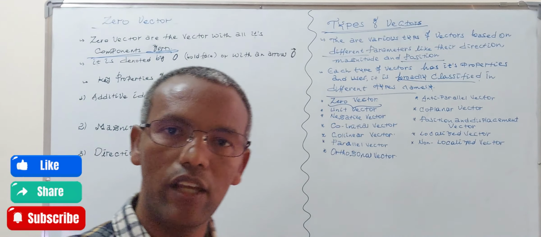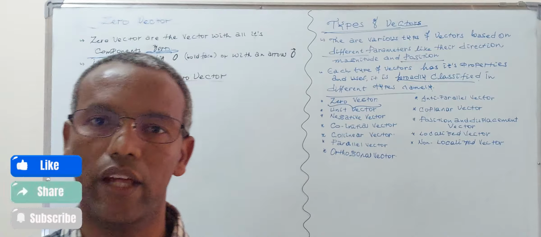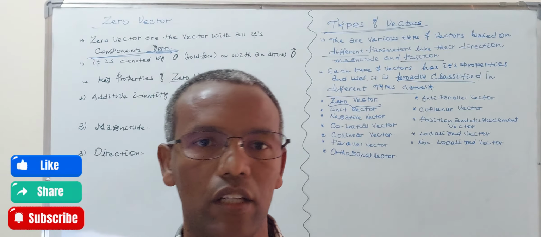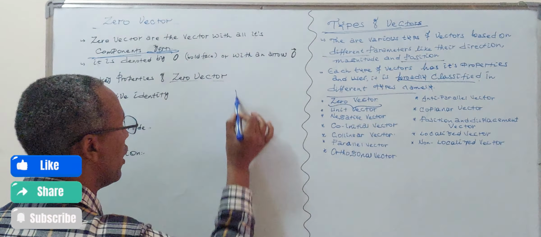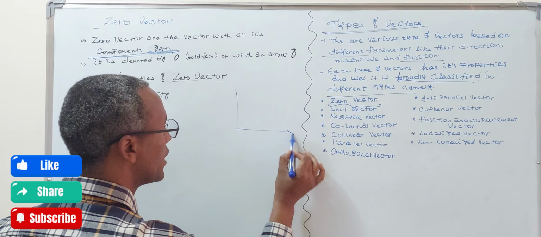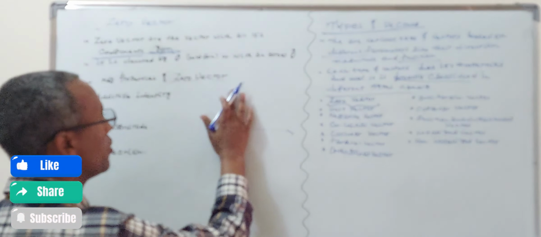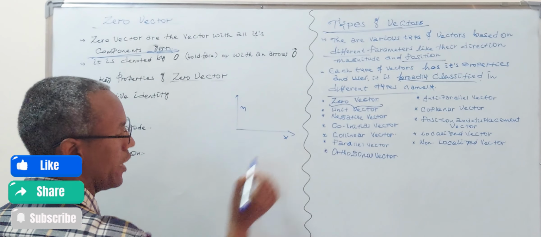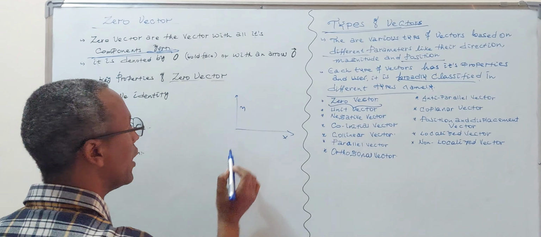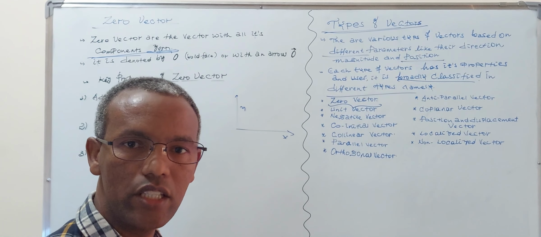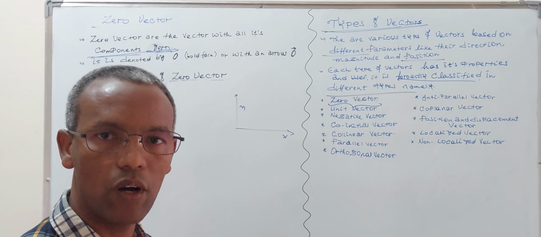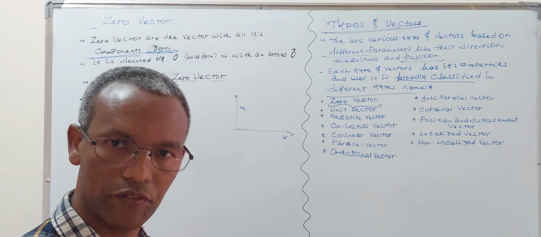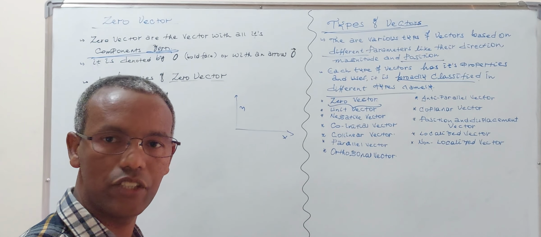If you have a Cartesian coordinate system, let's say we have x, y and z components. Let's say this is the y component and this is the x component. If the magnitude of x and y is zero, that vector is called a zero vector.